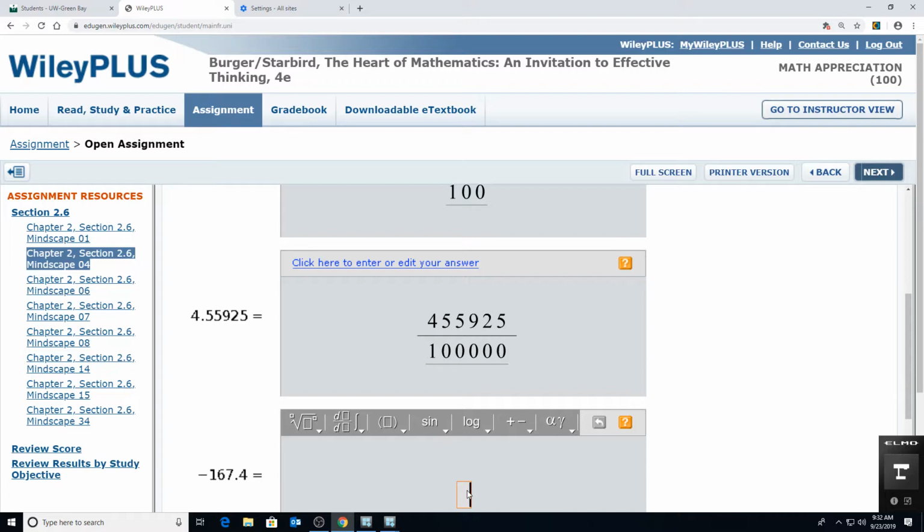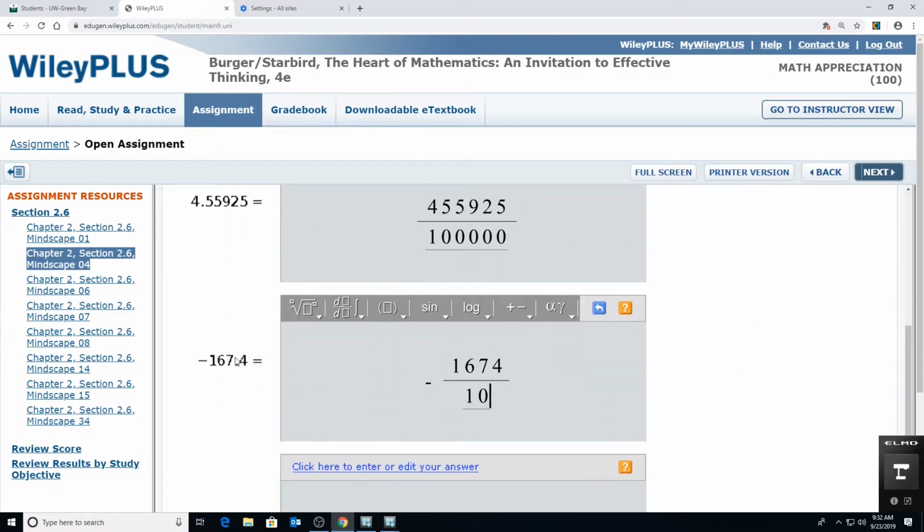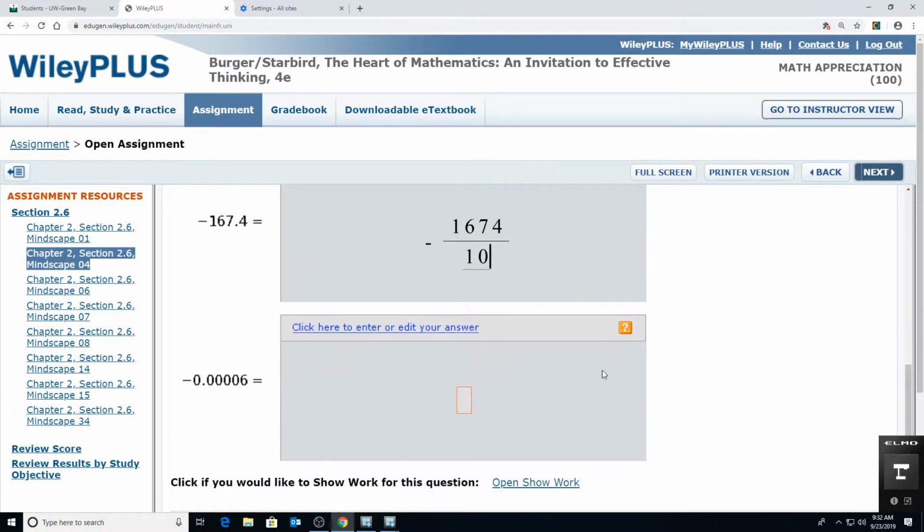Here I'll have one decimal place. So there's a 0.4, so one decimal place, so one 0 in my denominator. Here I'll have 1, 2, 3, 4, 5 decimal places, so 5 zeros in my denominator.